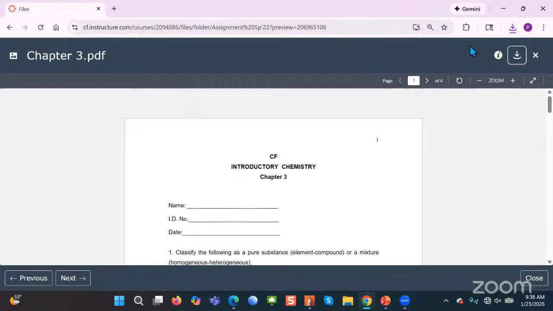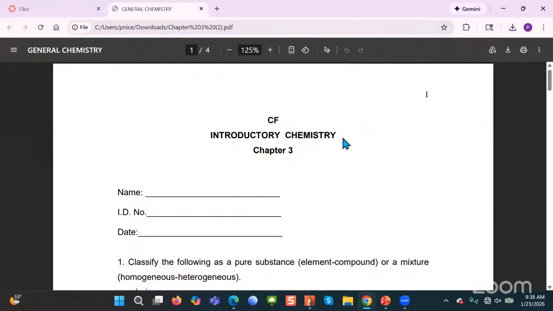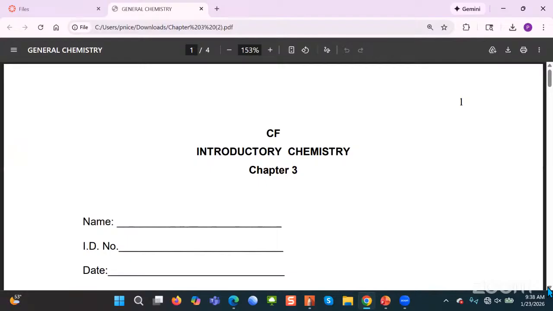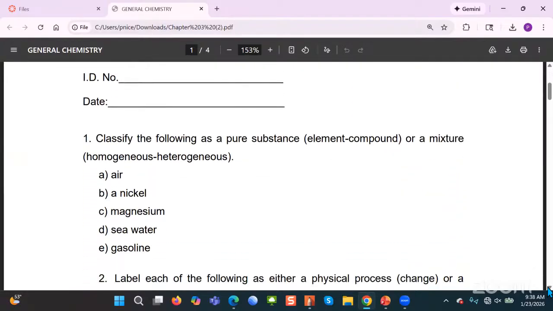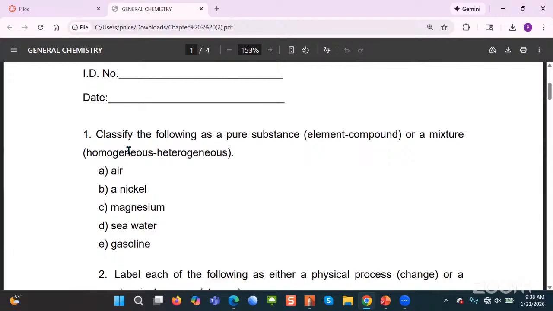Okay, so the first question has to do with terminology as it applies to different substances. Number 1 asks you to classify as a pure substance, and they put in parentheses either element or compound.